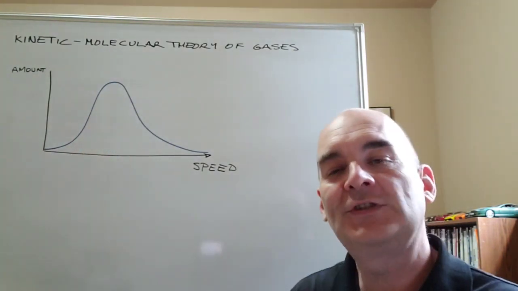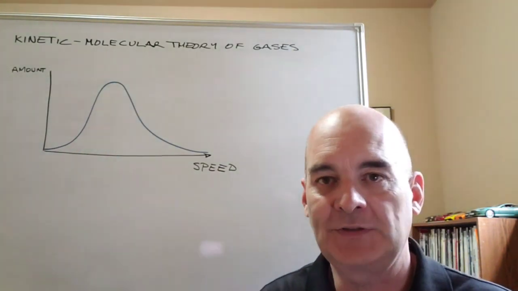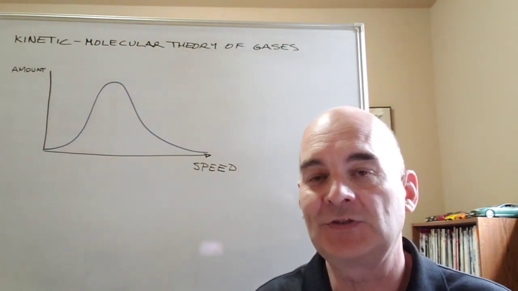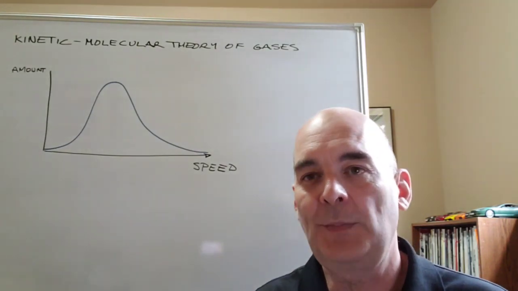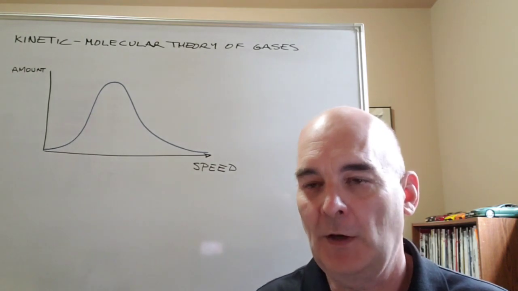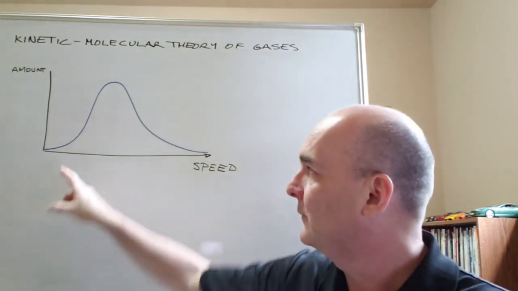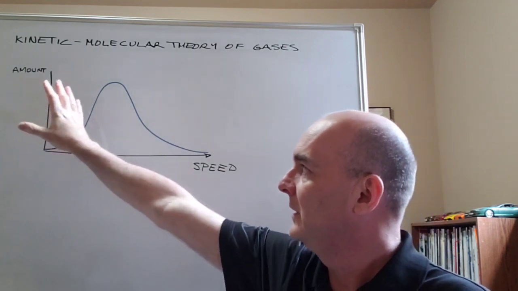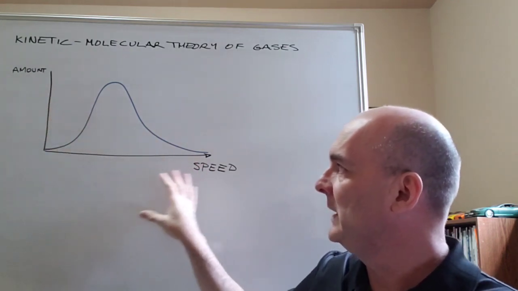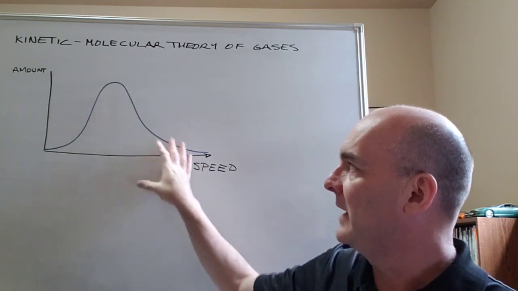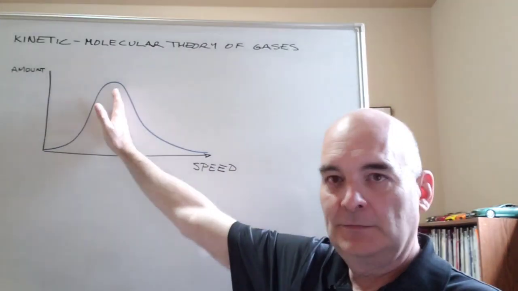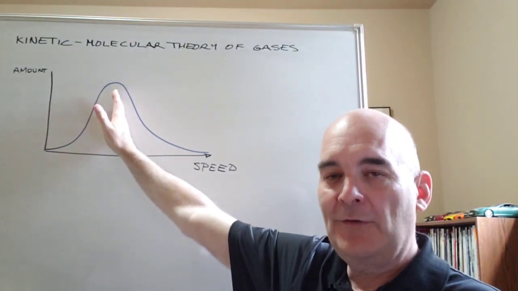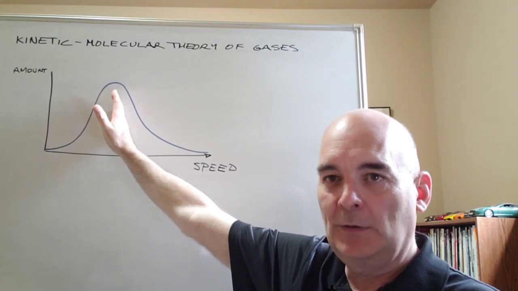Now, not every single one of those gas particles is going to have exactly the same speed. There's going to be a distribution of speed, and it follows this trend. So if I were to plot amount versus speed, I would find that here's my average. This is the average speed of my gas molecules.